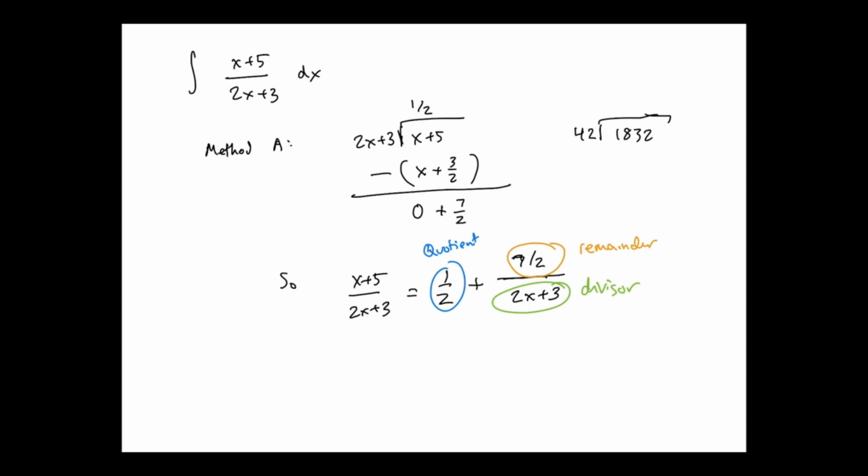Well, I can take it into pieces, right? So the integral is going to be 1/2 x plus 7/4 natural log of 2x plus 3 plus c. Okay, why 7/4 and not 7 halves?